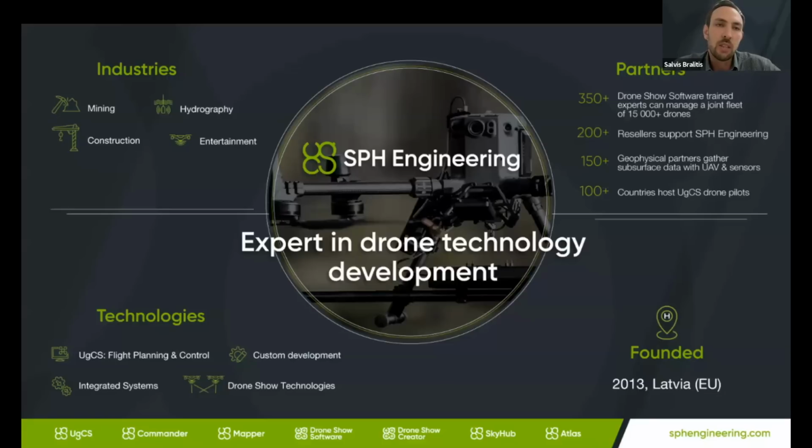And we've been serving industries like mining, bathymetry, construction, entertainment, and some of the other lines of businesses are drone show technologies. As you know, GPR is part of the integrated systems. We have also integrated echo sounders and magnetometers for those safe flights, and we have some other technology that allows these low-level flights in those regards.